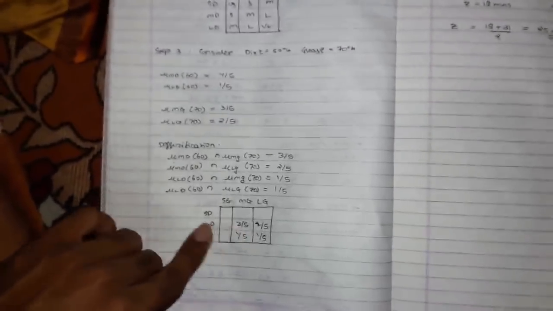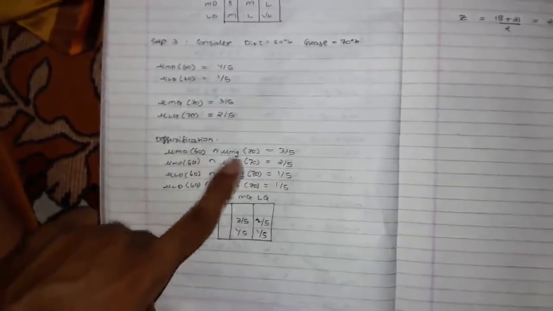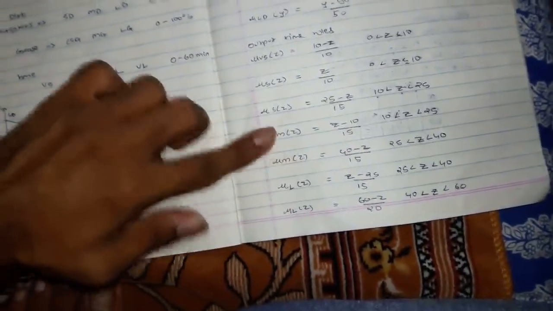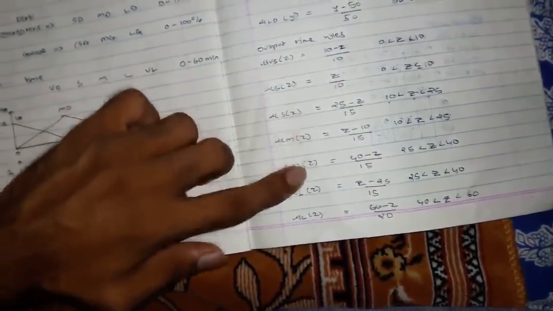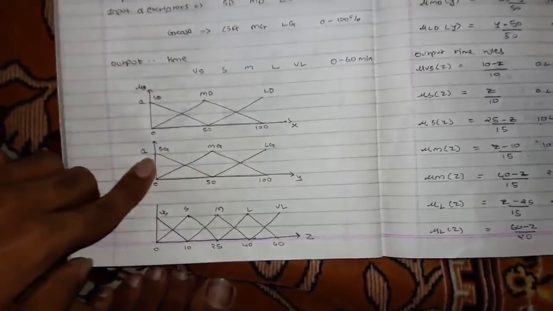After this take the maximum of this value, so that is 3 by 5 over here. That 3 by 5 you see where it is. So this 3 by 5 is medium dirt, medium grease. So accordingly you understand from your table, you have to design this table, that is medium time. Take the medium time equations. These are the medium time equations. Put the value 3 by 5 over here. Understand what we are doing is, from here we go to the y-axis.